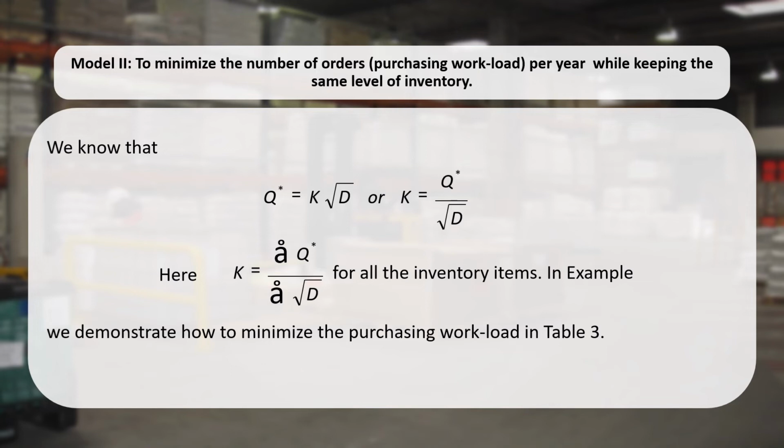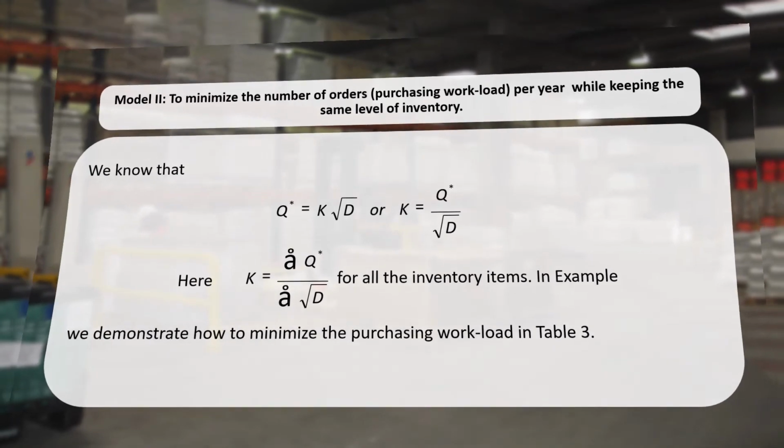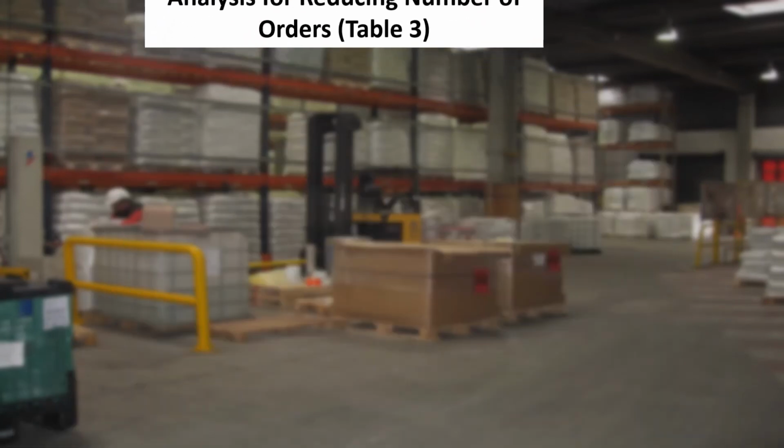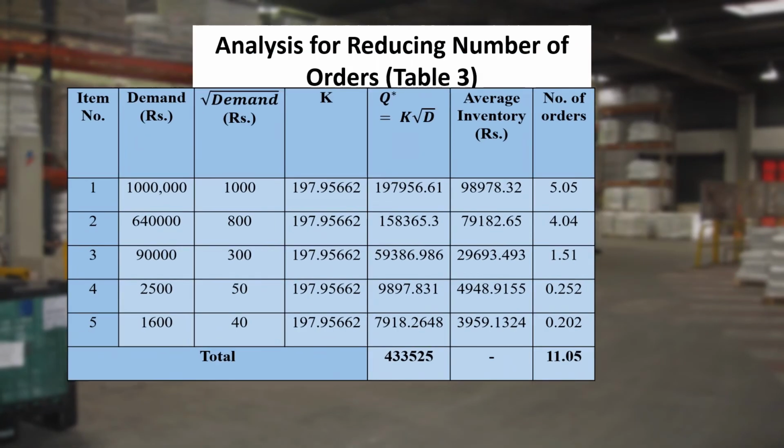So the same formula we can use, just in a different format: Q star is equal to K multiplied by square root of D. So K is finally summation of Q star, that is economic order quantity, upon the summation of square root of annual demand for all inventory items. This can be represented in table 3.